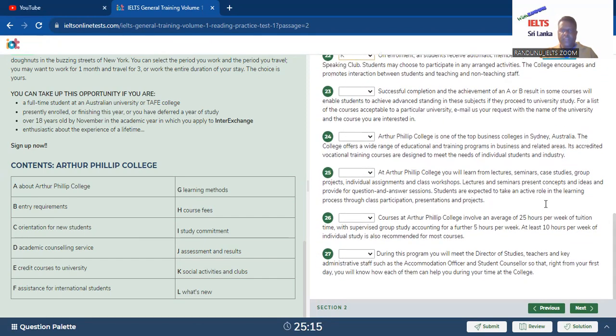Then 23, successful completion and achievement of grade A or B results in some courses will enable students to achieve advanced standing in these subjects. So it is about credit courses, right? Credit courses.